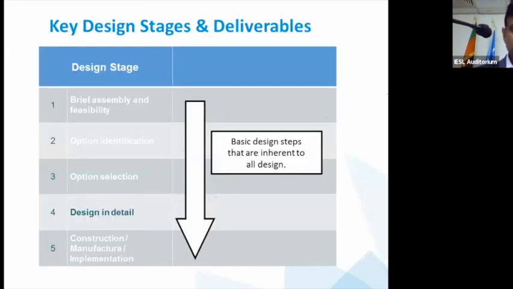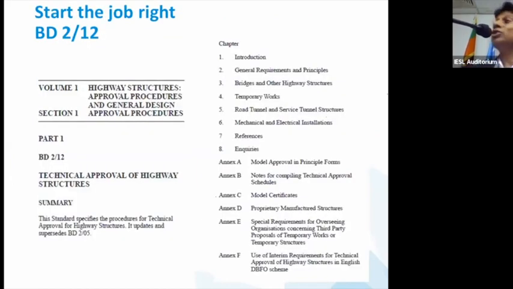But let me take you to the next step very quickly. Detailed design. Now you identify everything, and now you want to do the detailed design stage. What do you do? You start the job, right? That's important: how you start the job. I don't know whether you have come across this document, VD/20, which is a guideline.